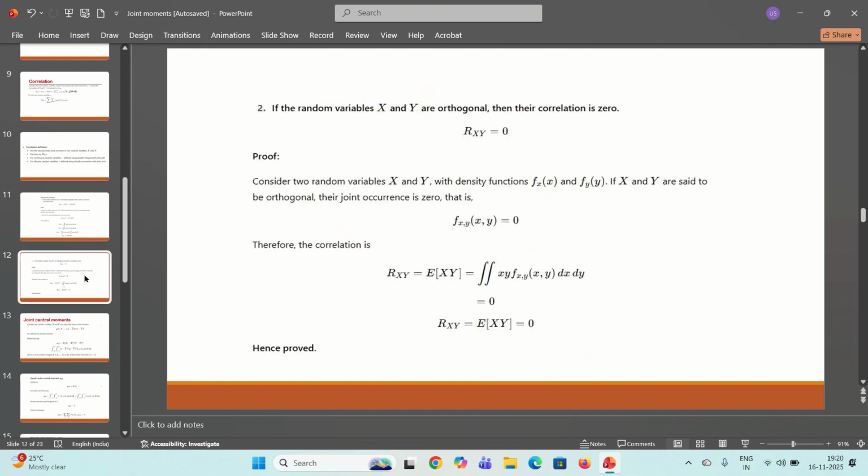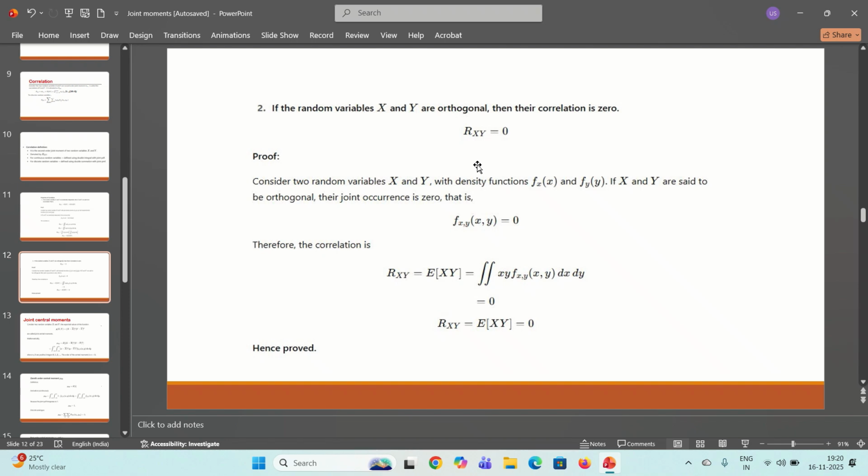Let us see another property of correlation. If random variables x and y are orthogonal, then their correlation is 0. Rxy equals 0. Consider two random variables x and y with density functions fx of x and fy of y. If x and y are orthogonal, their joint occurrence is 0.